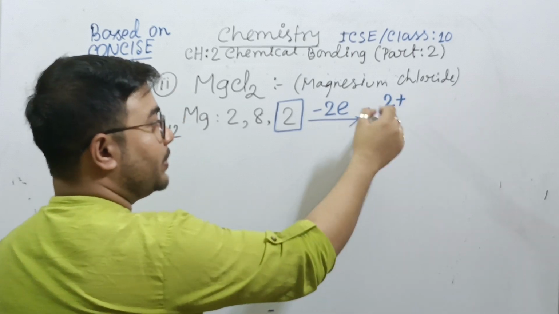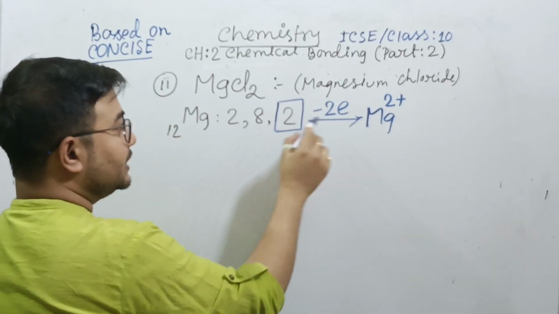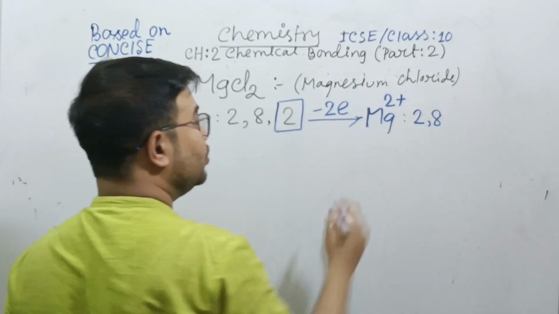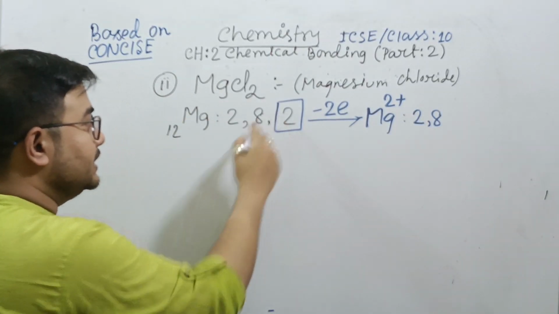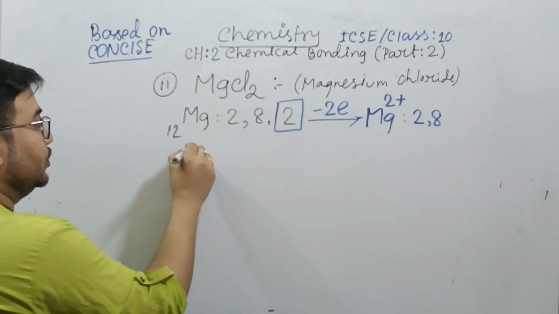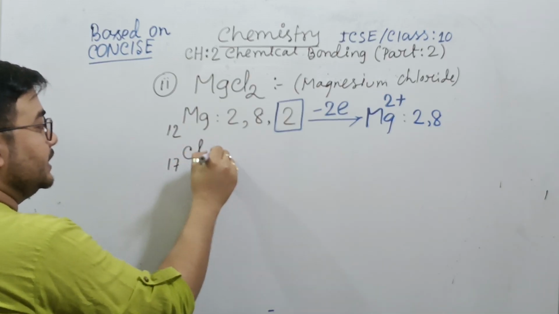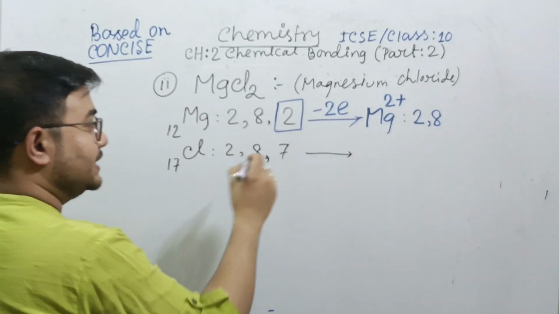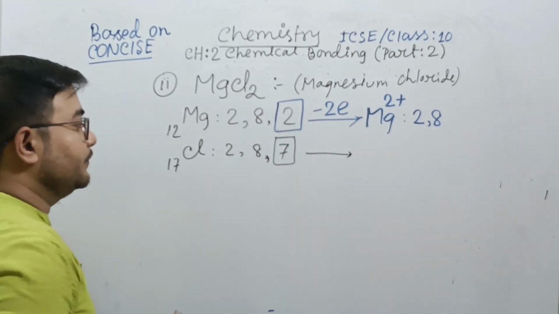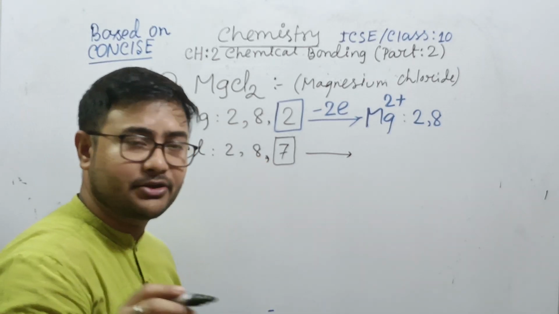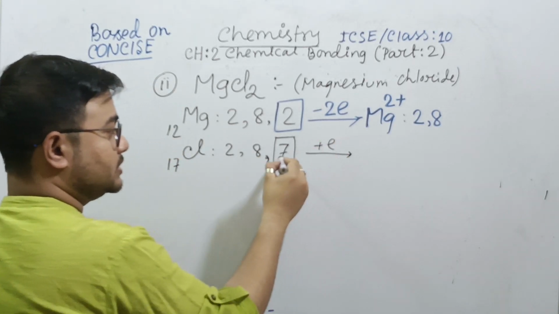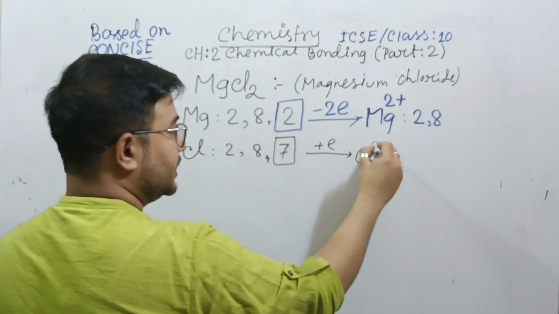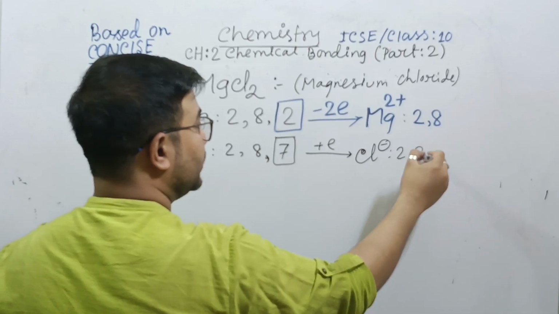It is called a bipositive cation. After releasing these 2 electrons, the magnesium 2 plus ion has the 2, 8 electronic configuration. Now in case of chlorine, Cl means 17, so 2, 8, 7. From this structure it is clear that chlorine accepts only 1 electron, because then it fills up its octet. So Cl minus is 2, 8, 8.